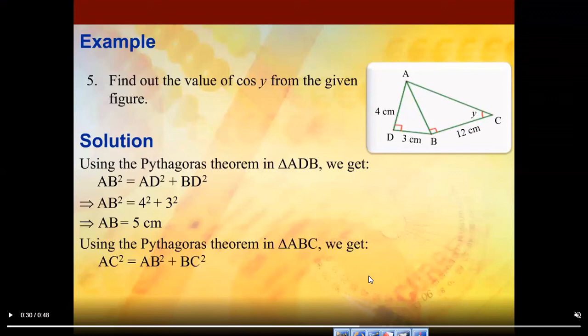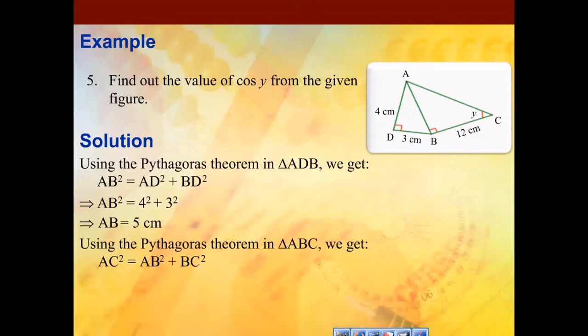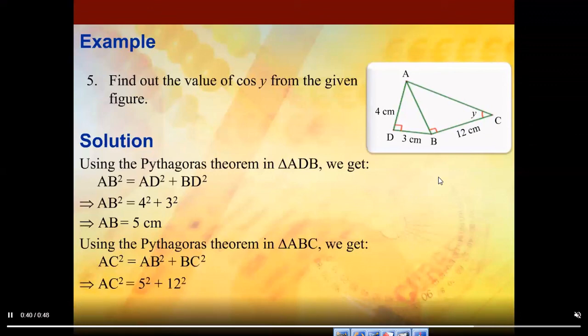So we get 5 square plus 12 square, 25 plus 144 gives you 169, which is under root of 169, that is nothing but 13. So we get AC is equal to 13 centimeter. Now we have got all the sides, AC and AB.